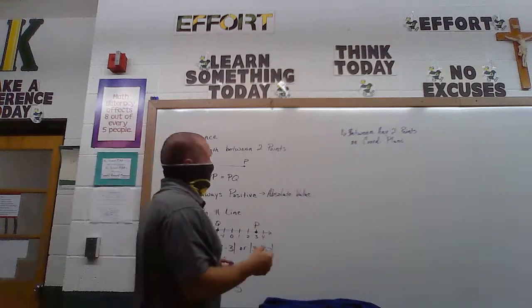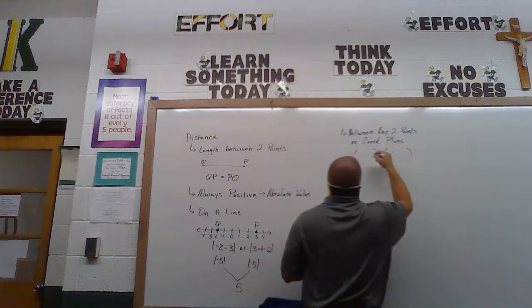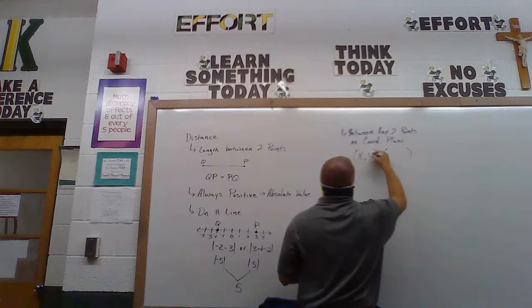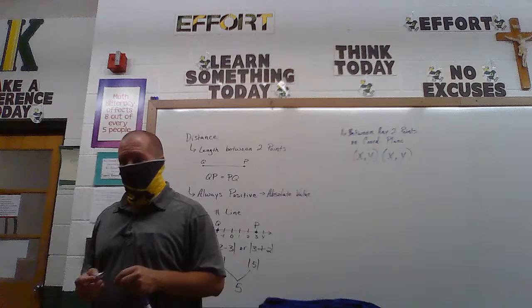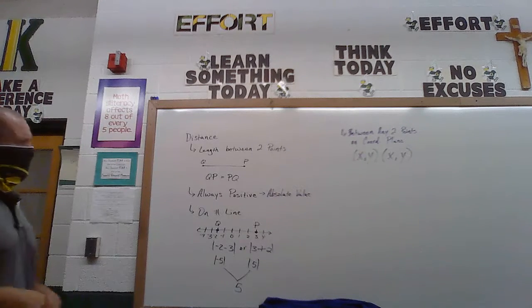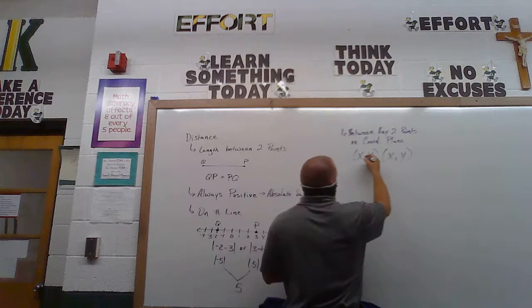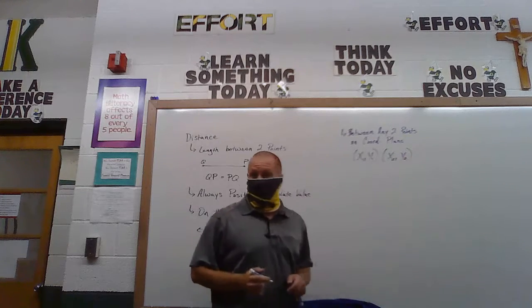So when I'm talking about any two random points on a coordinate plane, I have these two basic points of x and y. But somehow we have to differentiate between those two, right? So we put these little numbers down here, and we call these little numbers what?